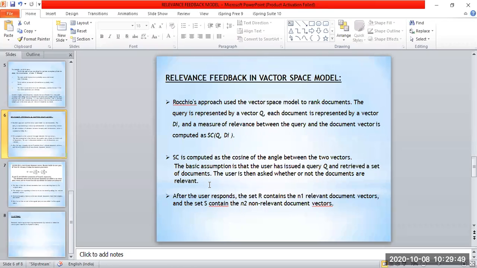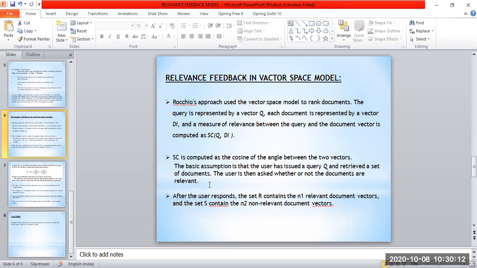Rocchio's approach used the vector space model to rank documents. The query is represented by a vector Q. Each document is represented by a vector di, and a measure of relevance between the query and the document vector is computed as SC of Q comma di. SC means similarity coefficient.